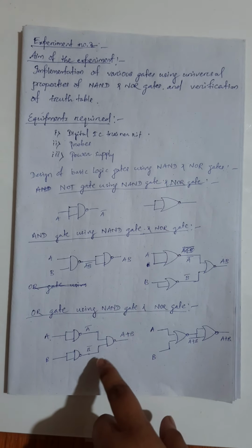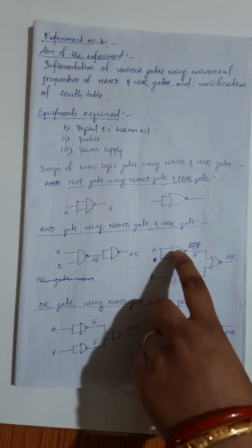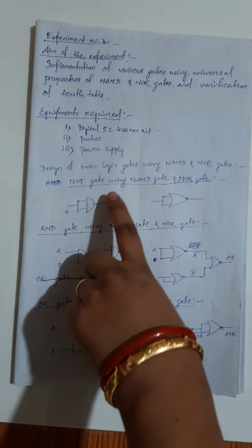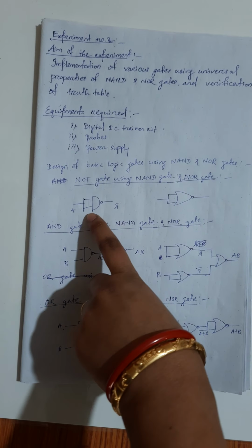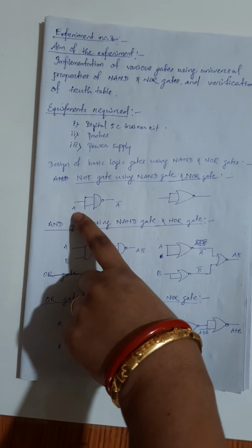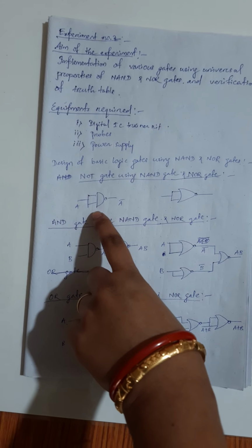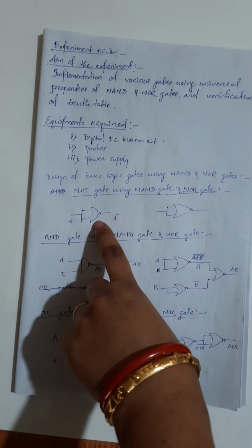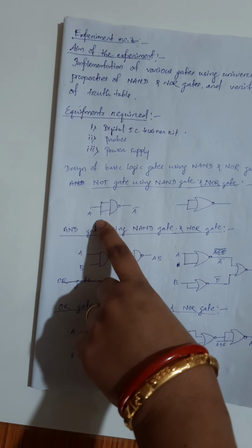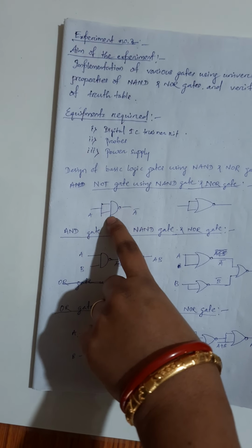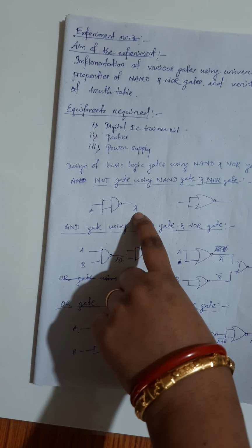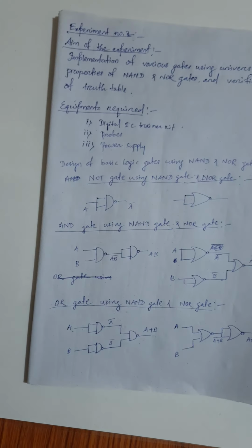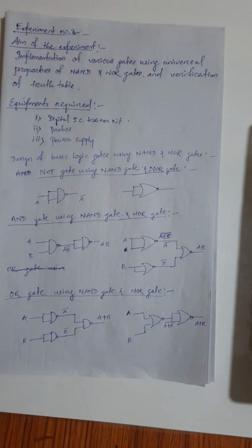Here I have already drawn the logic gates. See, this first one is NOT gate using NAND gate and NOR gate. Here if you have one input A and if you have a two input NAND gate, then you can connect those two inputs to this input A and the output will be A bar.